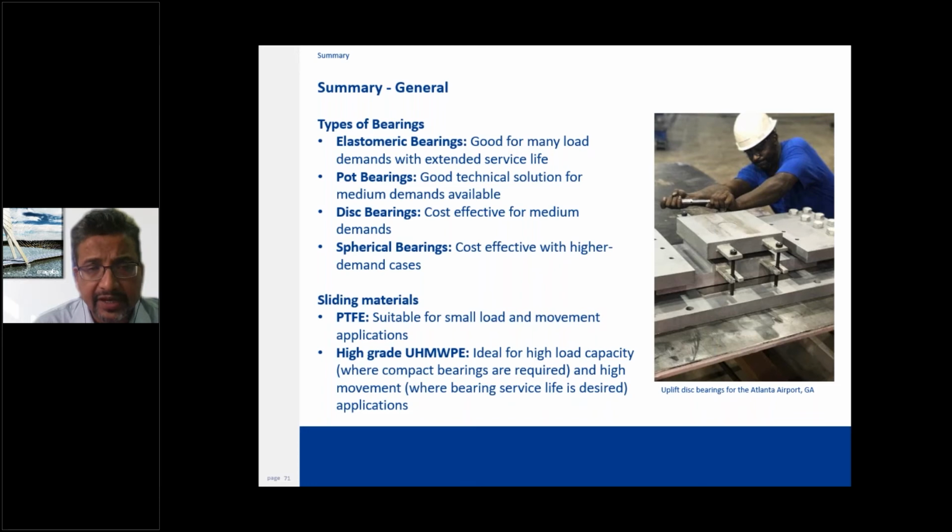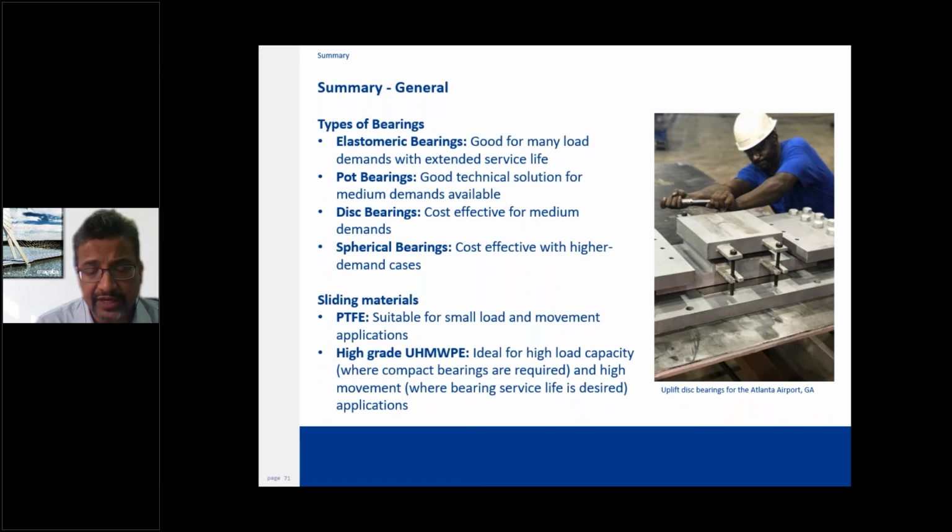And it all depends upon the application. One bearing which is good for one application might not be the best for another application. For example, Meghna just showed you the example of a needle beam application where, more than the spherical bearing, a disc bearing would be an ideal solution because of the nature of the application.